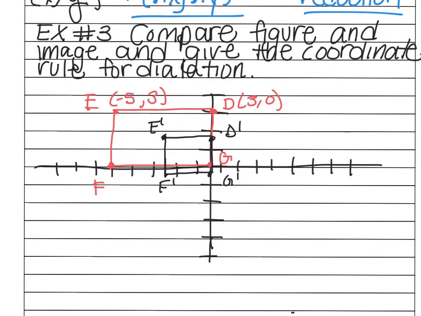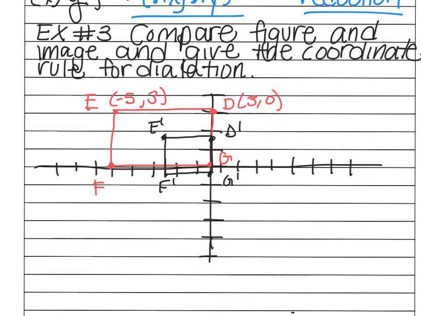The first thing you want to do is pick a side, and I'm just going to pick the side ED. I'm going to look at this ED and this ED prime side length and compare the difference between the two of them. I see that right here I have 5 units, and here I have 2.5 units.